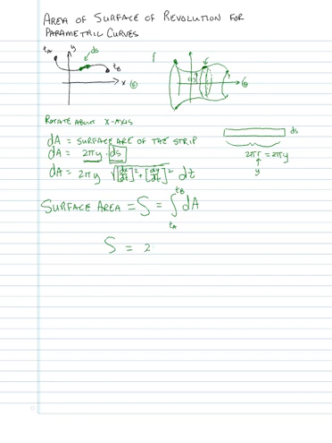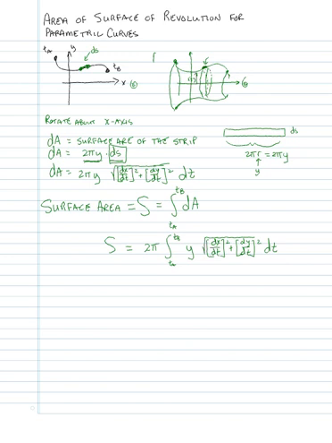Let's go ahead and factor the 2 pi out. So it's 2 pi times the integral from t subscript a to t subscript b of y times the square root of the derivative of x with respect to t squared plus the derivative of y with respect to t squared dt.